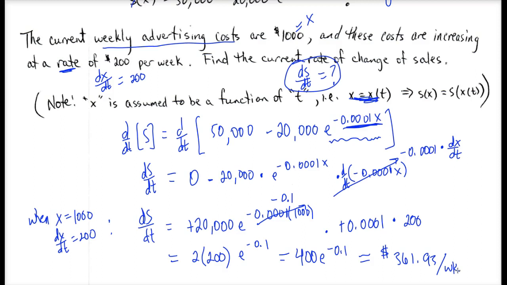But let's say, and I'm exaggerating here, we have a lemonade stand on the corner, and we're investing $1,000 in the advertising, and we're making an increase of $361.93 a week there, then our business is booming at that point, especially if we're selling lemonade for like $5 a cup, and it's only costing us, let's say, 20, 30 cents to make it.